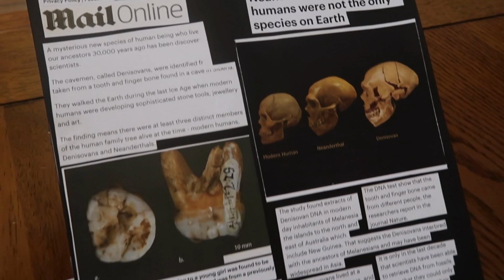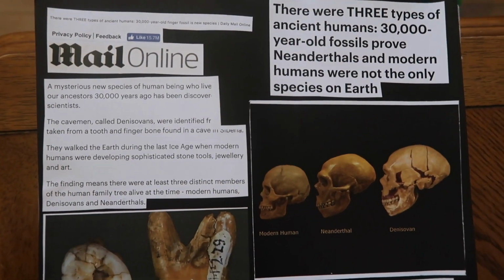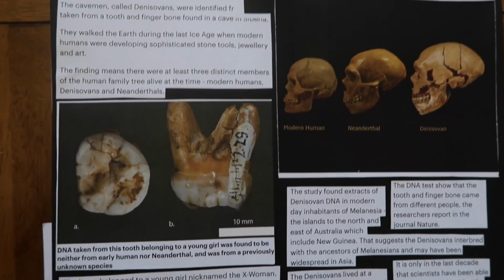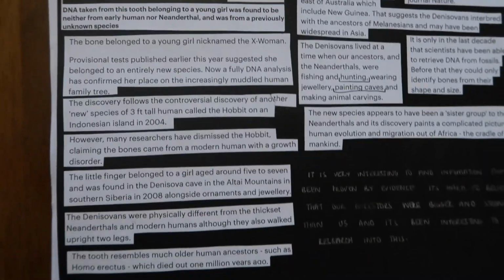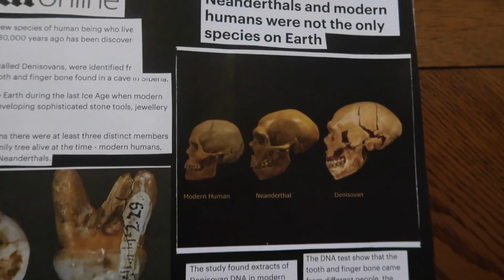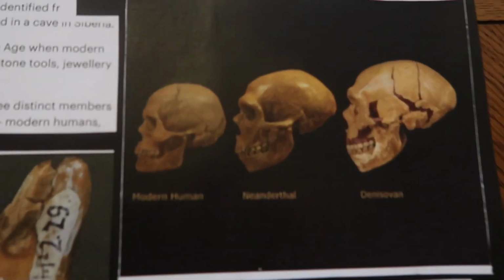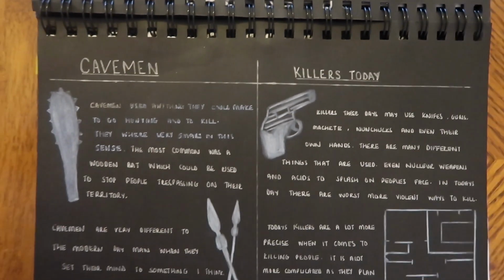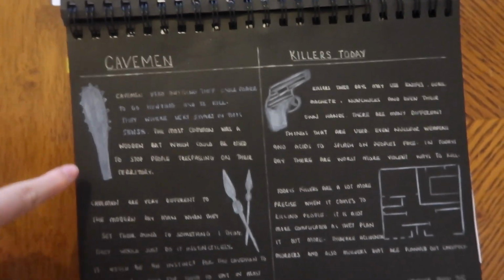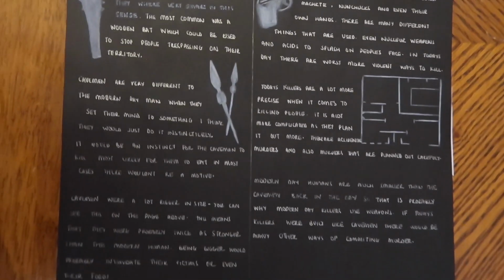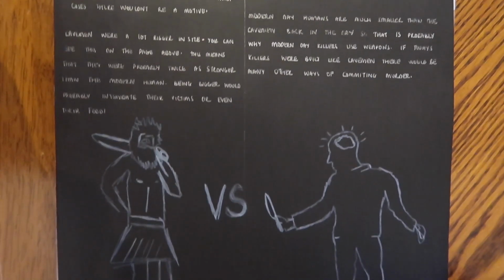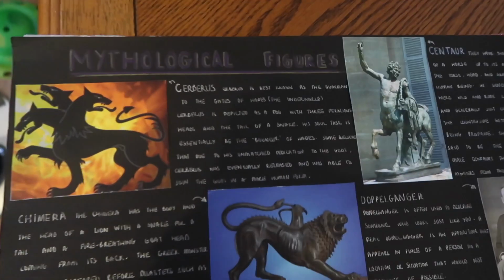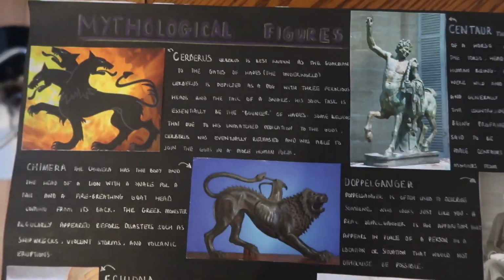Again, I looked up more things to do with humans and things that are scary, finding horror stuff. I compared cavemen to killers today, like how cavemen killed and murdered people and how people kill now. Next, I looked into more mythological creatures or figures.